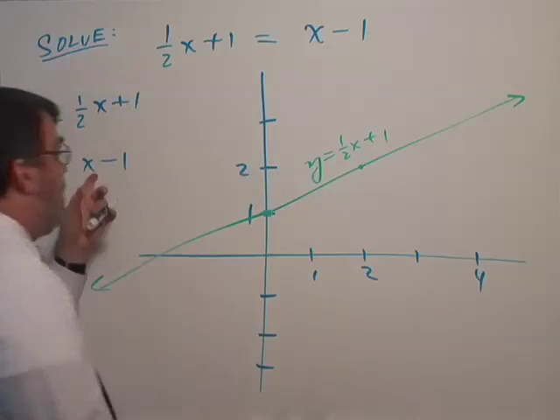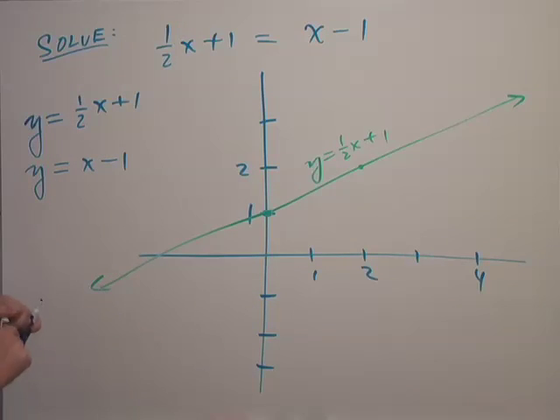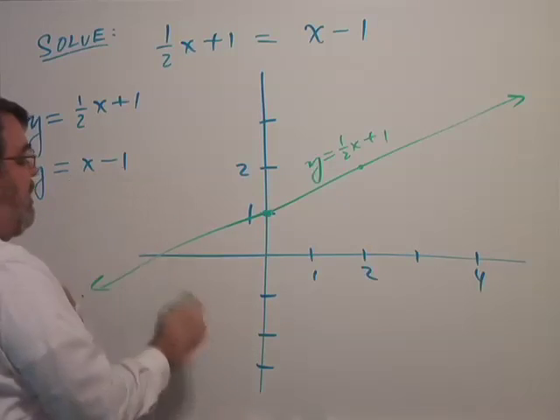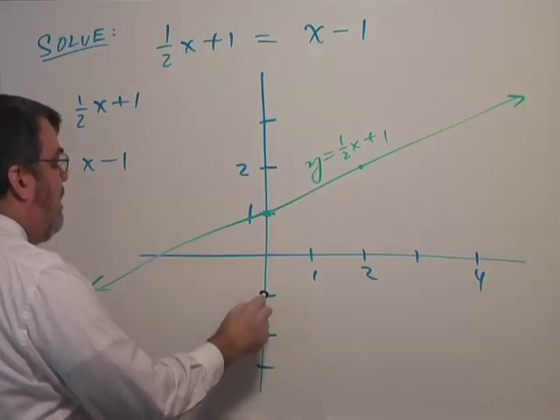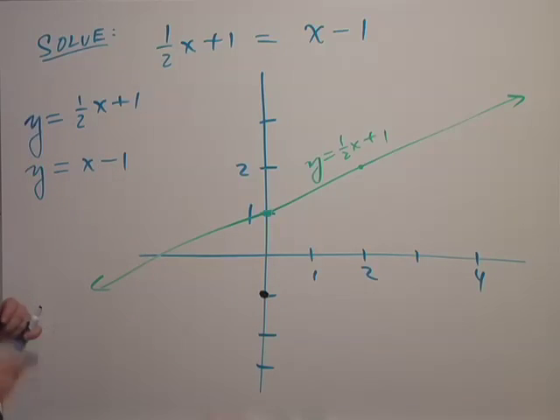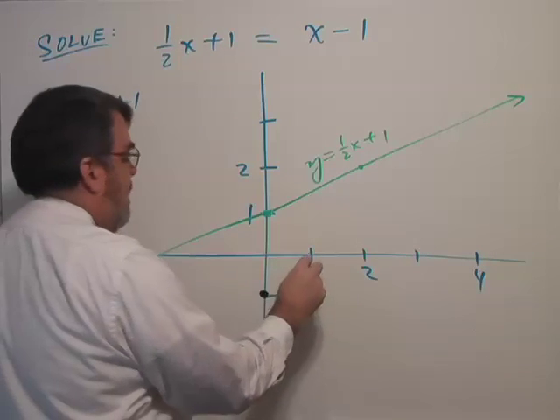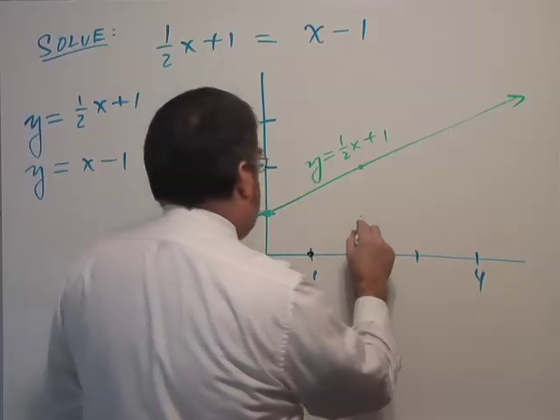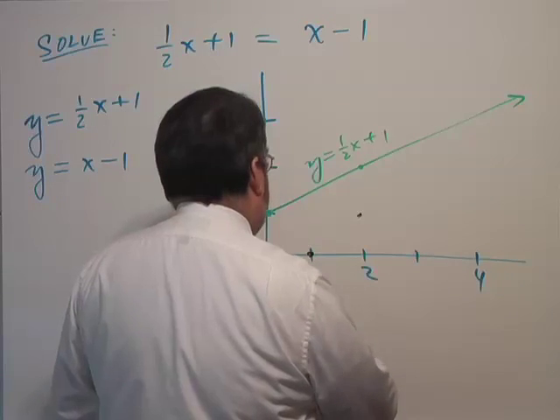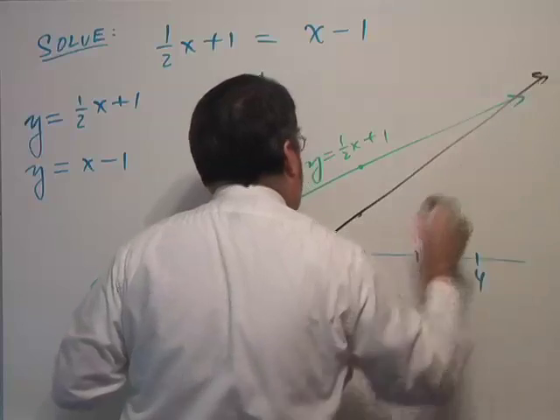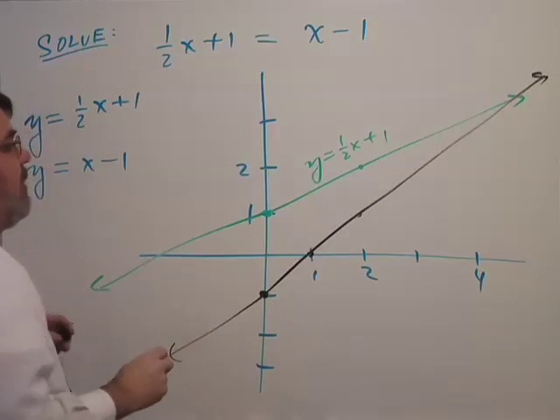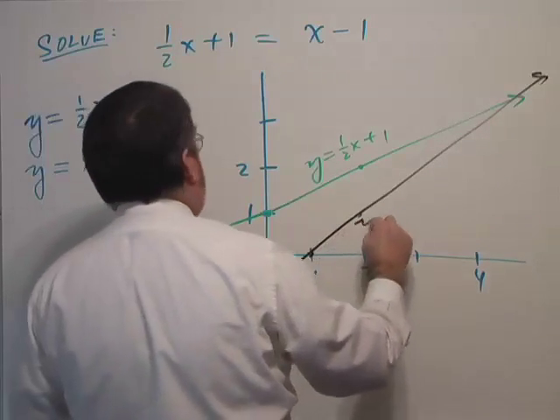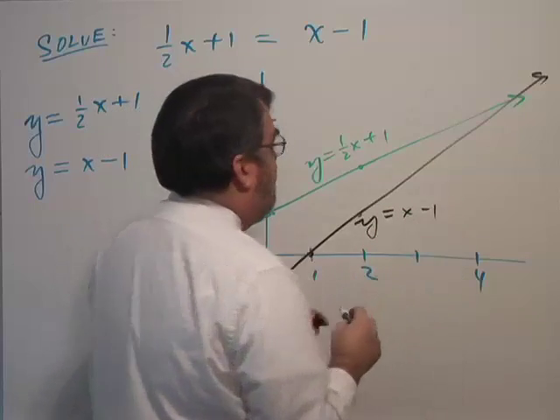And then the line y equals x minus 1 has a y-intercept of -1 down here, and the slope is 1, it's 1 times x, that means there's a 1-to-1 ratio, rise over run. So it goes up like this. So here's a graph of y equals x minus 1.